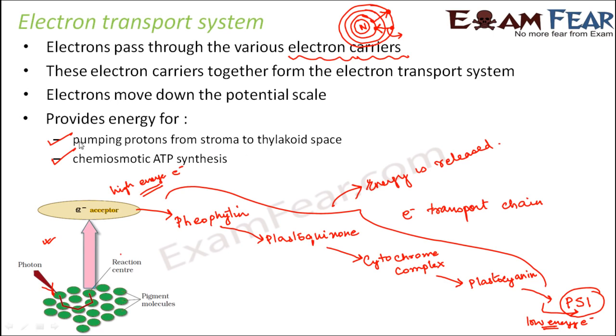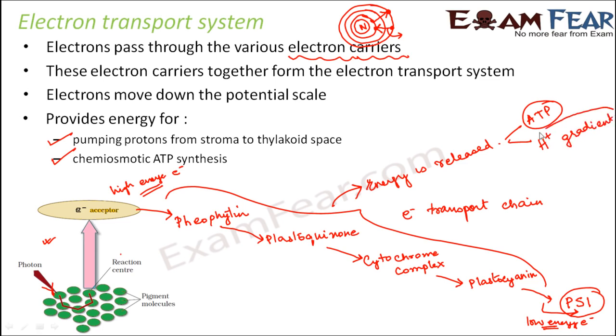That is, it will be used to create a proton gradient. Now, how is this proton gradient created? We will explain that a little later. For now, you just understand how this energy is released. This energy released will be used for two purposes: one is to prepare ATP molecules, and the other is to create a proton gradient.